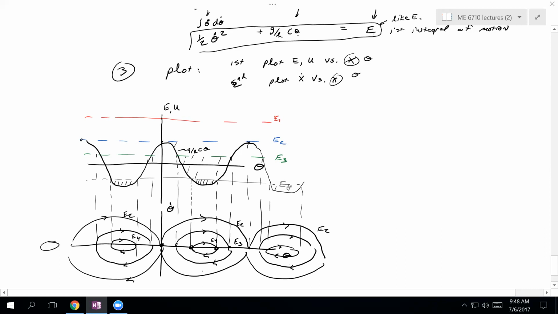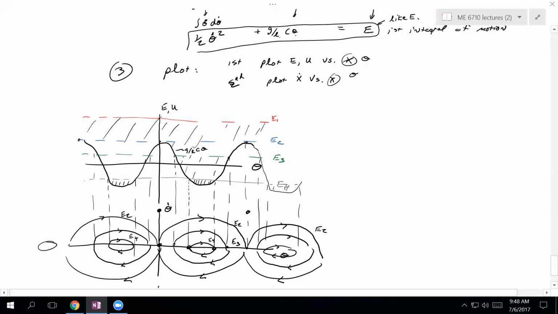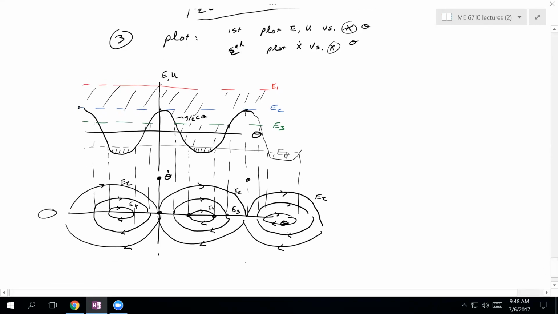And then finally, if I go to my E1 case, I have motion that exists everywhere. It looks like I'm at a minimum at these points, plus and minus.